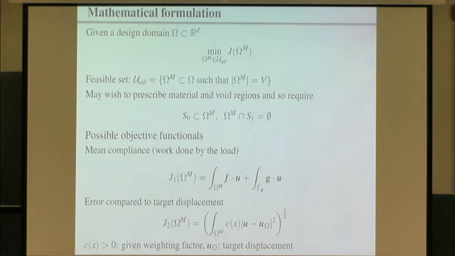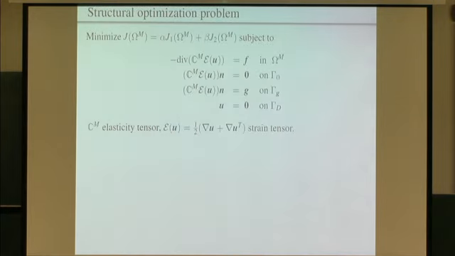You could consider more general ones, but these are the two that I'll talk about. So J1 is the mean compliance, and J2 is the error compared to our target displacement. The optimization problem that we're looking at is to minimize alpha J1 plus beta J2, subject to our standard linear elasticity equation.